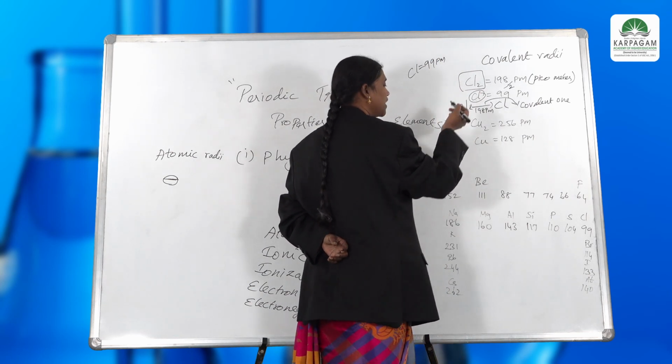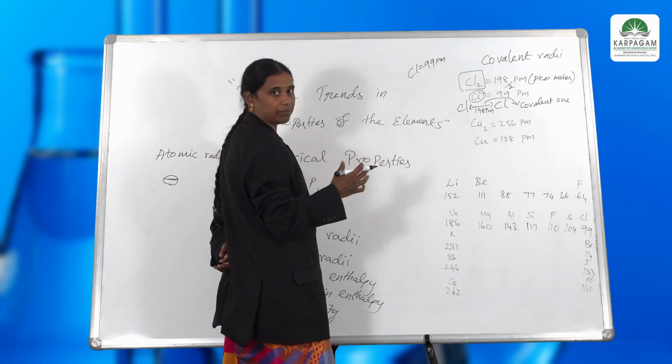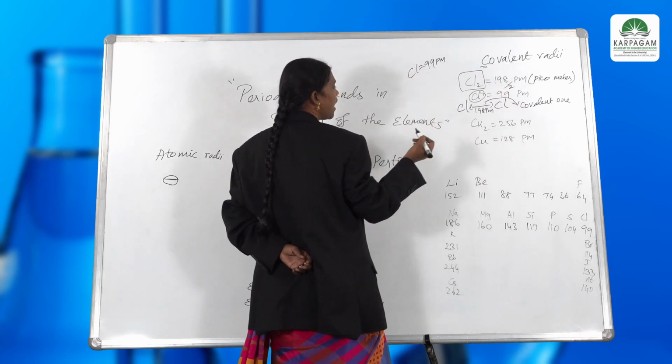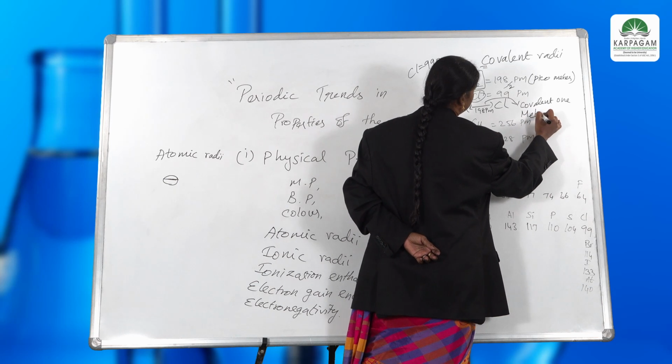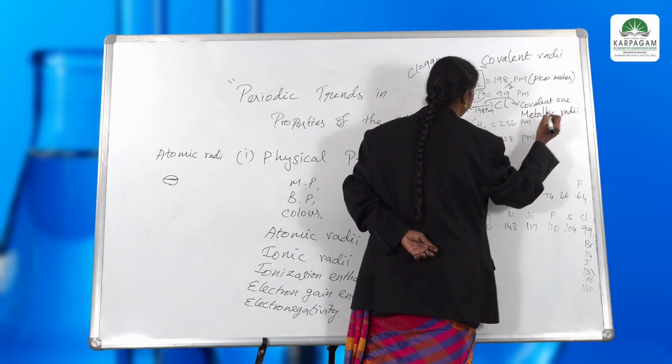In this way we can estimate the atomic radii of the elements. First they considered covalent radii, secondly they applied it to metals, and that is called metallic radii.